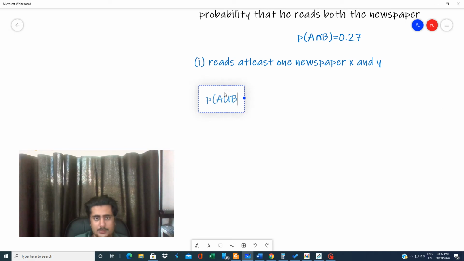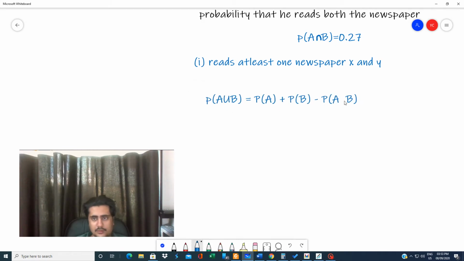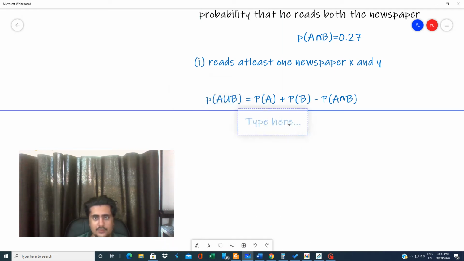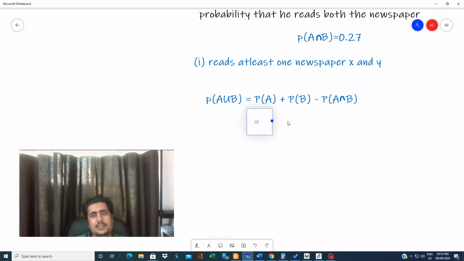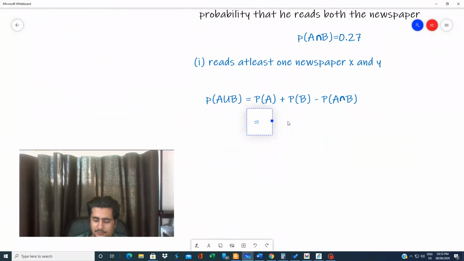Now, what is this P of A union B? It is P of A plus P of B minus P of A intersection B. P of A is 0.55, P of B is 0.69, and P of A intersection B is 0.20.